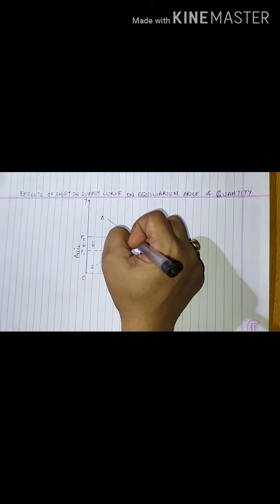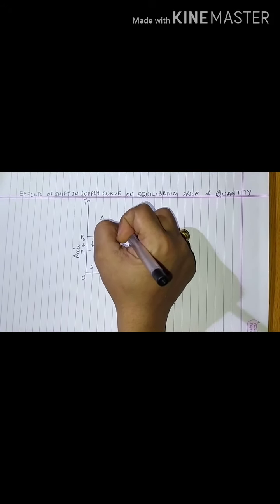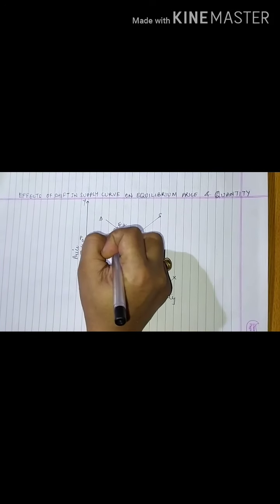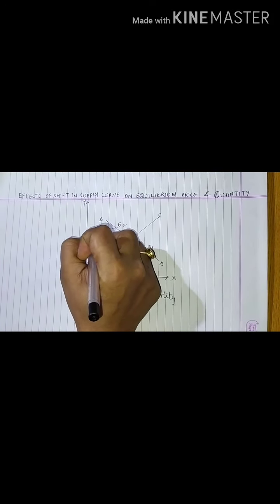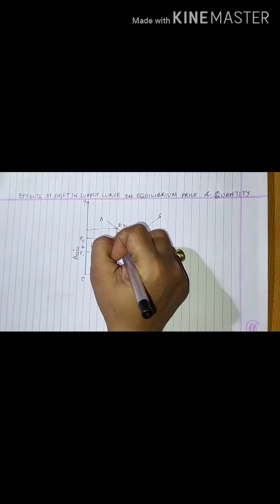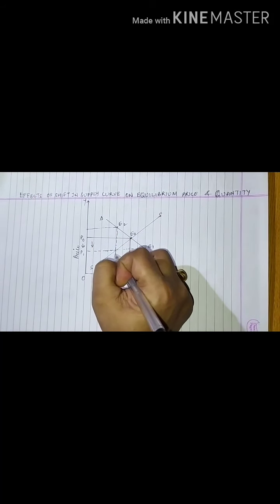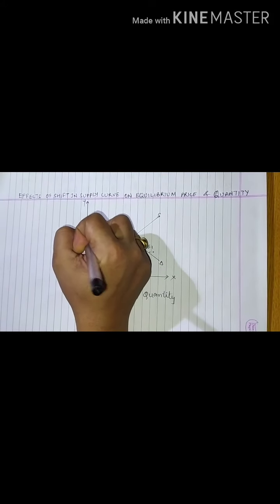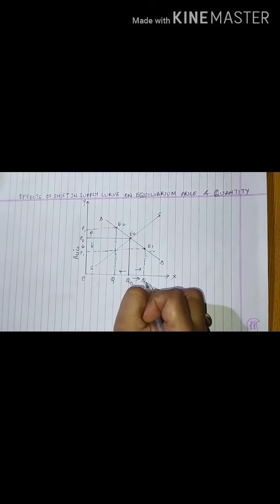Now if I shift it towards left, what will happen? Now this is my other equilibrium. Now I will touch my dots again and check out the situation which is arising. Just see, my price has increased, and if you check the quantity, it has decreased. This is one quantity, this is another quantity.